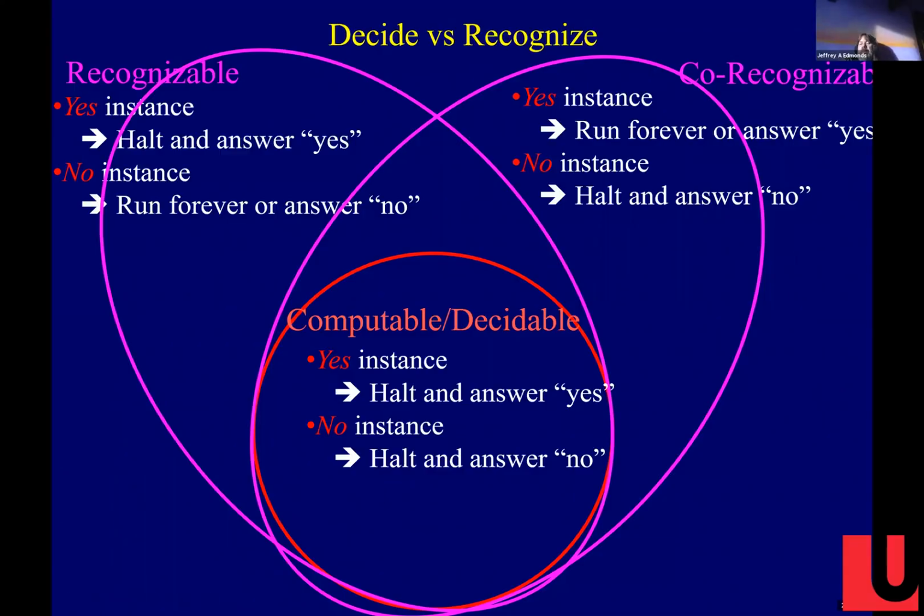Why? Because you give me a Turing machine and an input, I just run it, right? If it's a yes instance, it halts and I can say yes, it halts. But if the Turing machine runs forever, then I will never halt, right? Because I'm simulating it. Anyway, that's just saying the halting problem lives there. The not halting problem lives there.